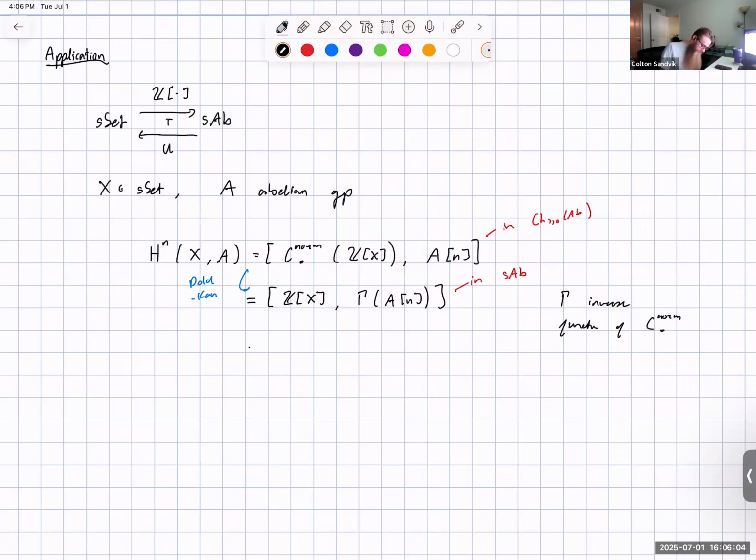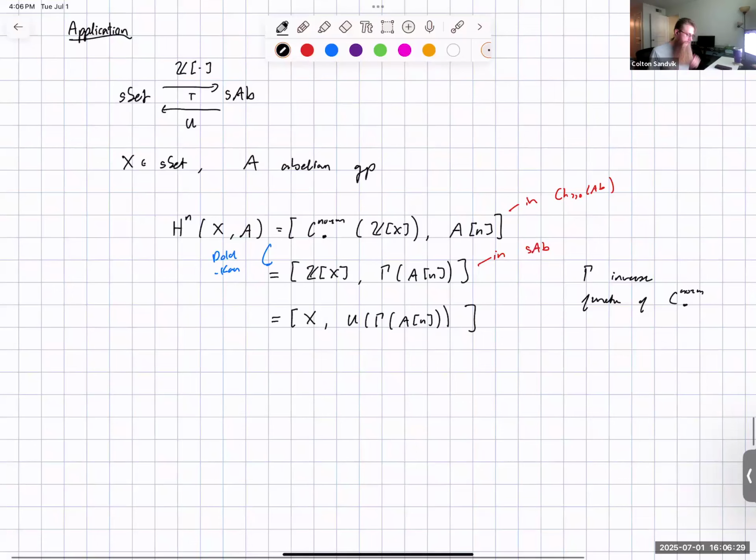And now we can use the adjunction that we wrote down up here to get that this is maps from X into the underlying set of this. So I think this is just notational shifting, or purely categorical.